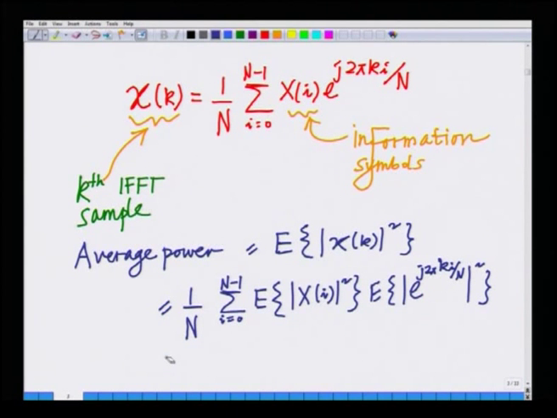Now, we know that e power j 2 pi ki by n is simply a phase factor. Expected magnitude e power j 2 pi ki by n square is in fact 1.